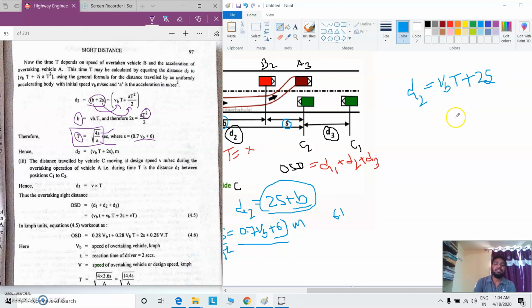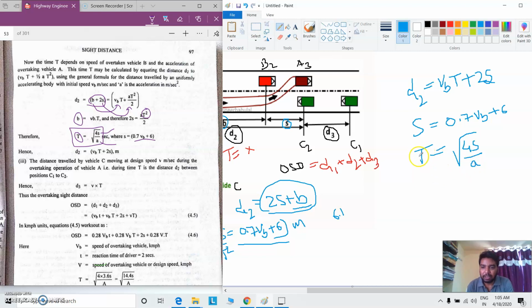S is the spacing, and here s is nothing but 0.7 vb plus 6. 6 is the length of the vehicle, and 70% of speed is considered to calculate the equal spacing between vehicle A and vehicle B, and t is the time, that is calculated by square root of 4 times s divided by acceleration, right?